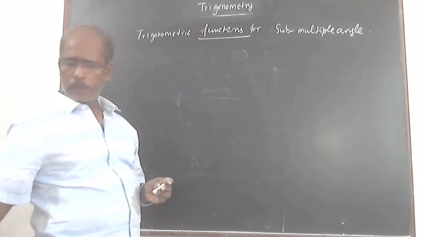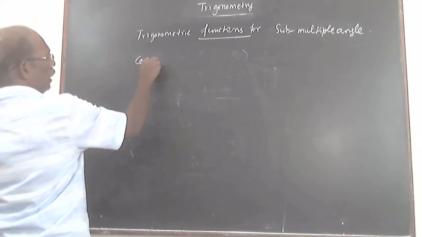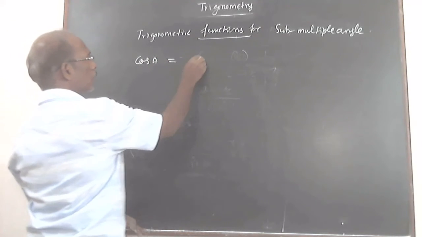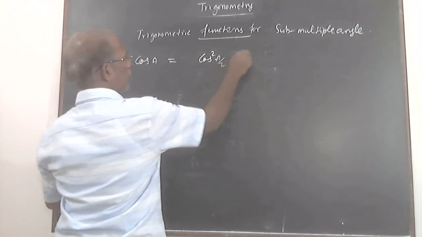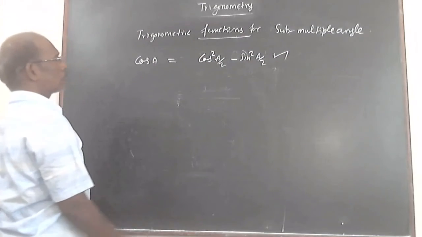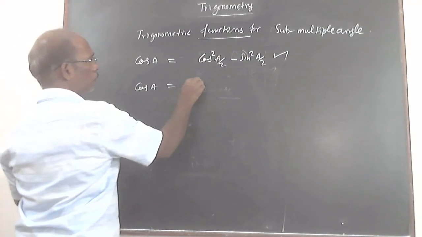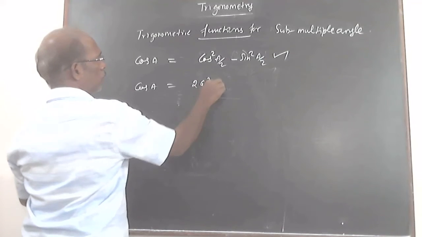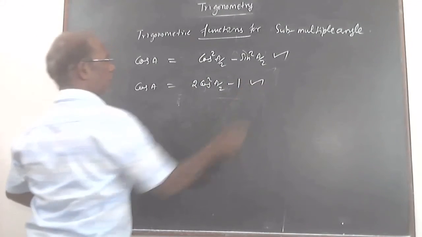Now we will discuss cos A. Cos A is cos square A by 2 minus sin square A by 2. This is one formula. The same cos A in terms of cos is 2 cos square A by 2 minus 1, another formula.